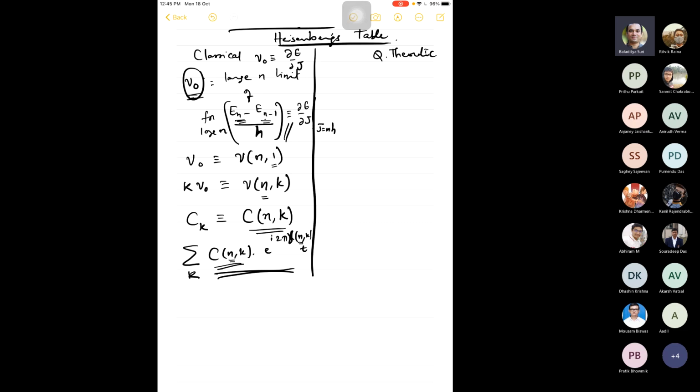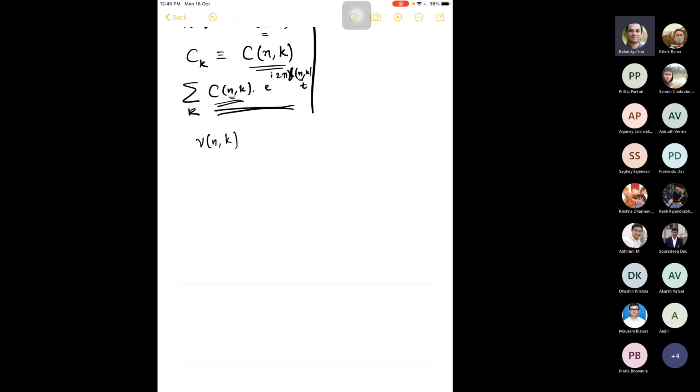Let us now look at some of the properties of these nu nk. Nu nk is firstly k times nu of n1. This we already know because nu n1 is the fundamental harmonic and k times nu n1 is nothing but nu nk. And nu n minus k is what? It is minus nu nk, right?